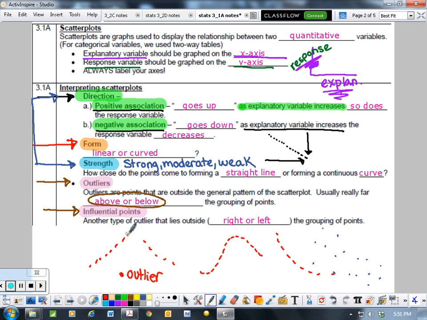But if I'm looking at this one and I have a point way over here to the left, side to side, that would be an influential point. And it's influential in regards to the math that we're going to be doing later on.